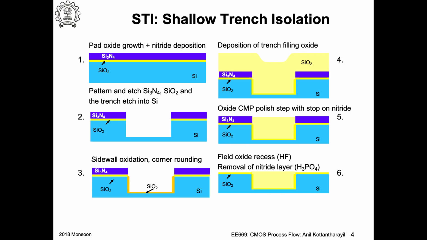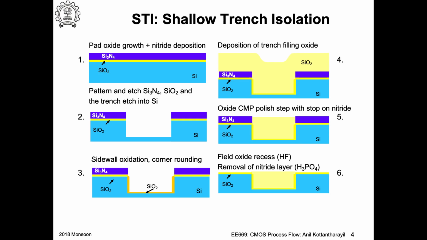You can see that on either side of the trench, you have the silicon, right? You are going to build your transistors on top of it. So the trench sidewalls would be part of the transistor in some places. So they should actually be passivated with very good quality silicon dioxide.